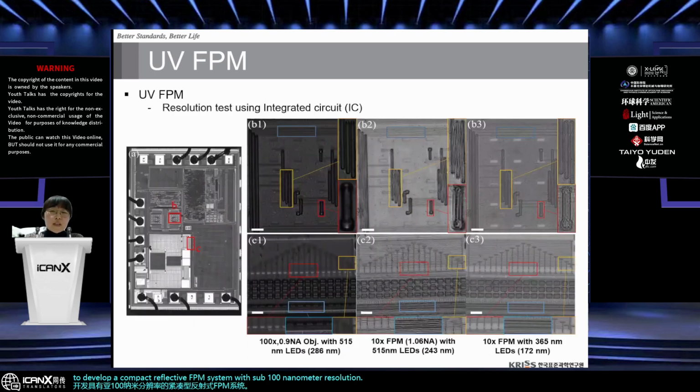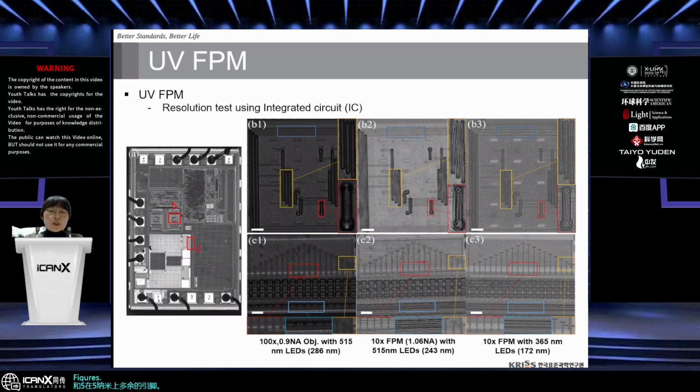Lastly, we explored the potential of using UV reflective FPM to measure the integrated circuit of smartphones to investigate whether UV reflective FPM can be employed as industrial inspection equipment. Figures B1 and C1 show the result measured with a 100x 0.9 NA objective lens and a 525 nanometer on-axis beam.